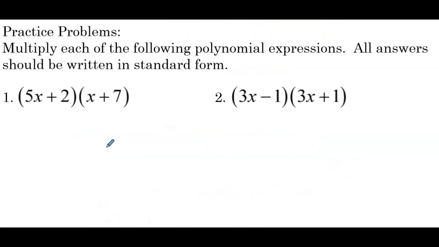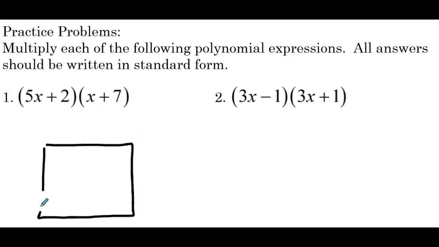Okay, so a couple practice problems. Multiply each of the following polynomial expressions. All answers should be written in standard form. Okay, so let's do this first one with the geometric model. Binomial, binomial. So we're going to create a box with 2 columns and 2 rows.